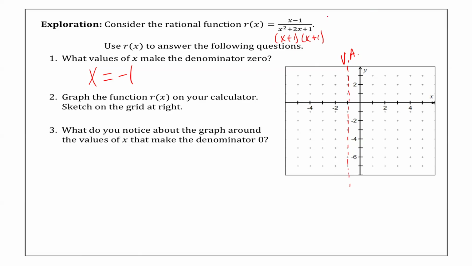Because the degree of my numerator is less than the degree of my denominator, that means I have a horizontal asymptote, an HA at y equals 0, right? So here's my horizontal asymptote. All right, so these are the things we should be able to identify before we go to a graphing calculator. Are these things we are comfortable with identifying?